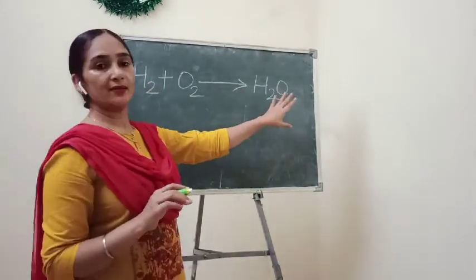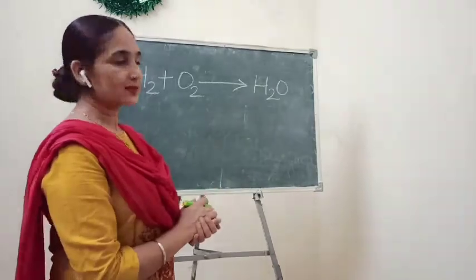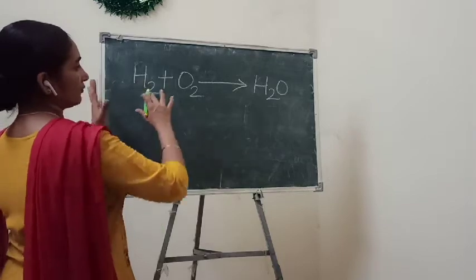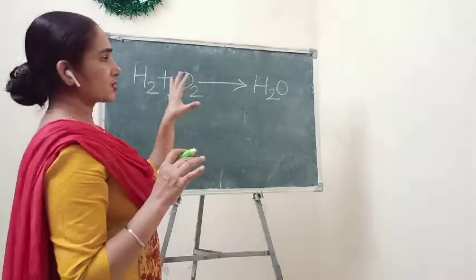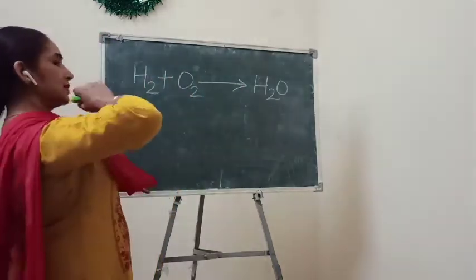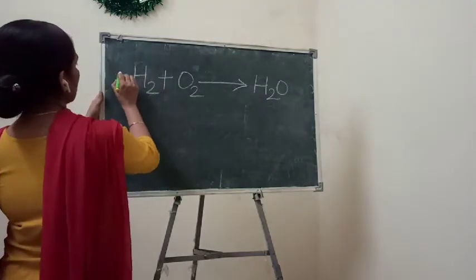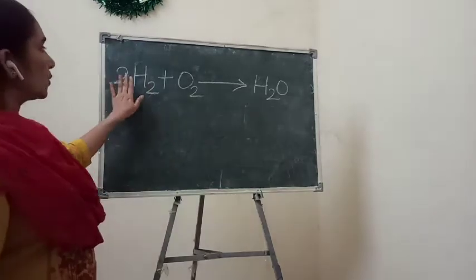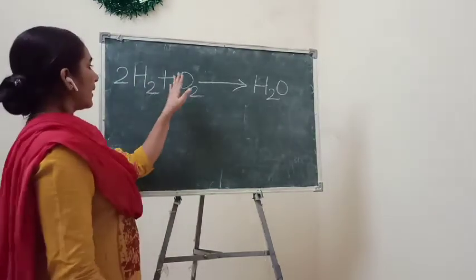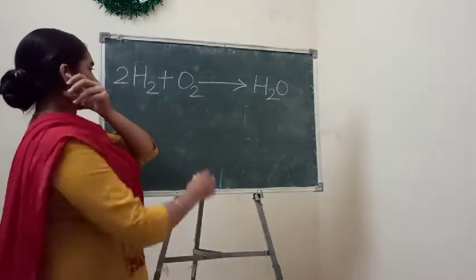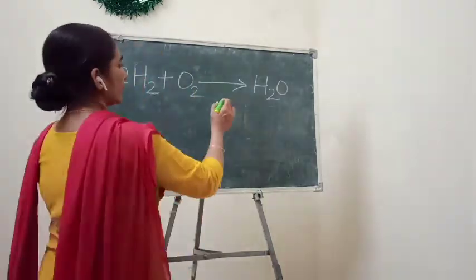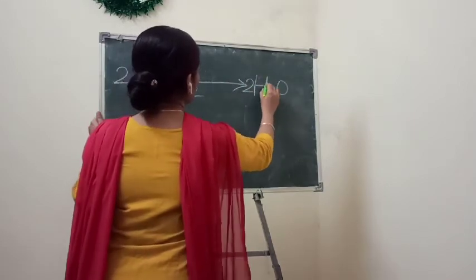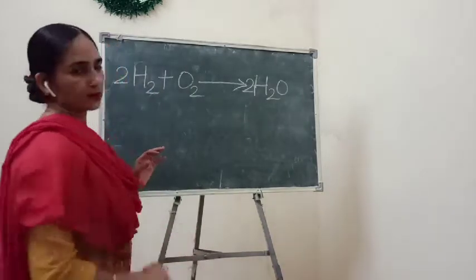We have to balance it. So how can we balance it? If anybody gives you this kind of equation, how will you balance it? You can see that here if we use 2H2, and with oxygen when it reacts, it will give us 2 molecules of water.